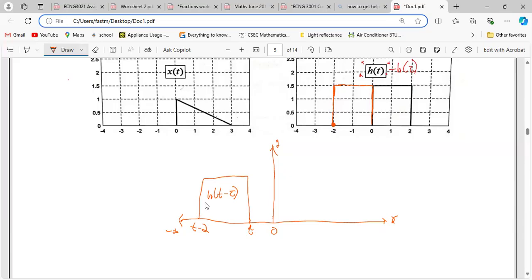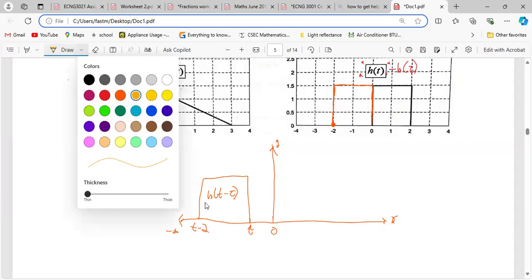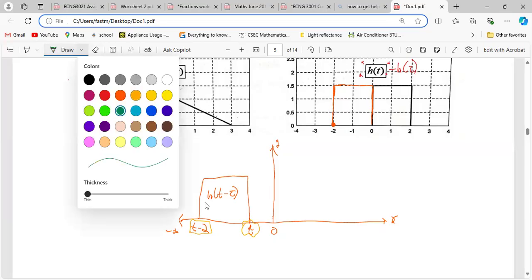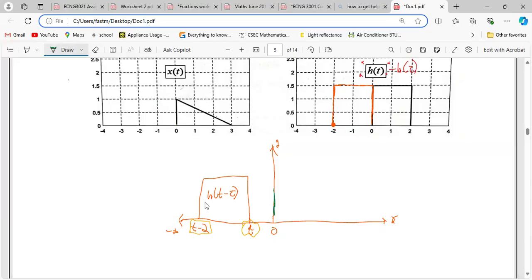But really you just care about this t here. This is the main part. You don't really care much about this ending piece in the intervals. Then you have x of tau, which is just as it is here. I'm not going to change it, because that is the one that is fixed, going up to 1 and going down to 3.